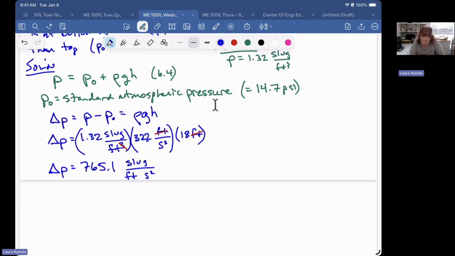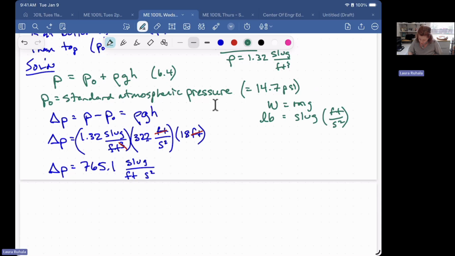So let's go ahead and think about the relationship here between pounds and slug. So I'm going to do this off to the side in green. So I know that weight is equal to mass times gravity. And I know then that pound is equal to slug times foot per second squared. This is what we did last time.